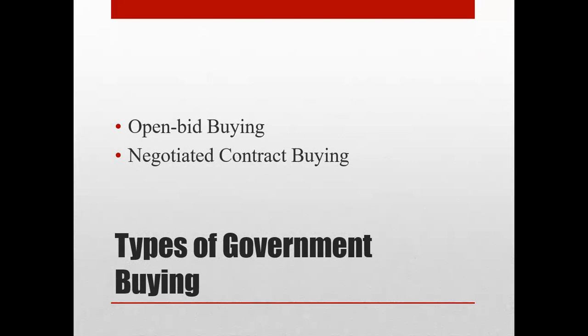Somebody said I should tell you the third one. Yes, the third one is selective buying. What happens in selective buying is that there's criteria, so not just anybody can bid. You can say only companies that have a capital base of 100 million can apply.